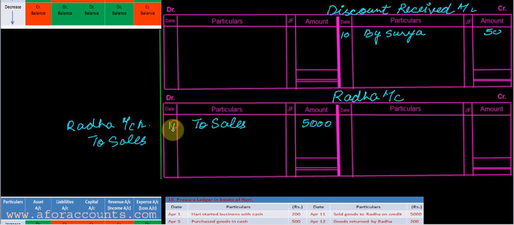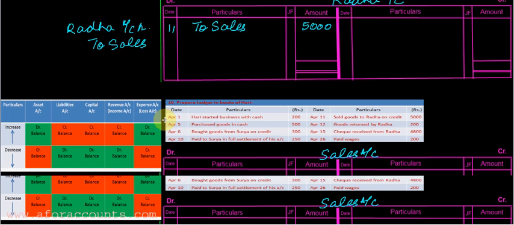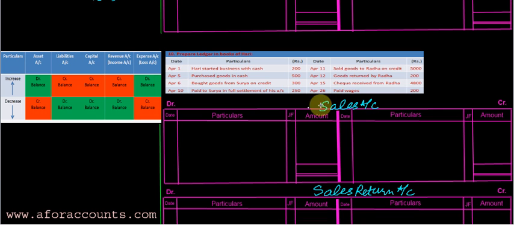Date is 11th. Radha account debit to sales. So in sales account, can I write to sales? No. By Radha. 11th. 5000.